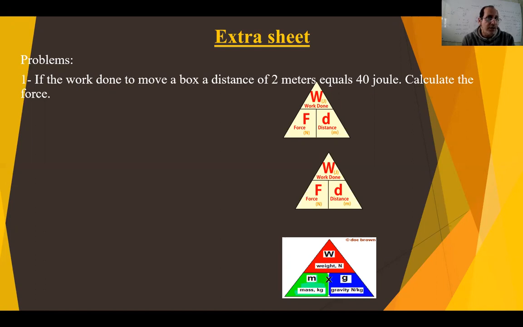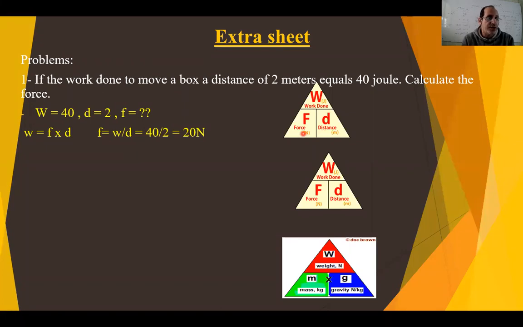Here the rule is: work equals force times displacement. Work equals force times displacement. I do prefer to use the triangular way. Here, work equals force times displacement.